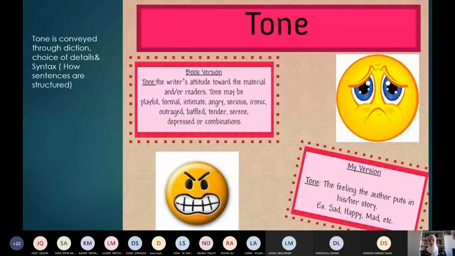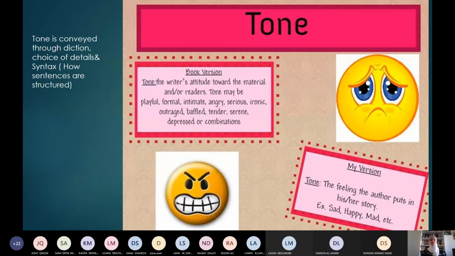The words she writes will give me the indication if she is angry, baffled, ironic, making fun, or depressed. How? From the word choice, how she puts the words together.